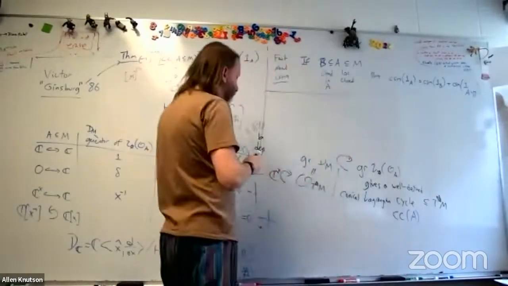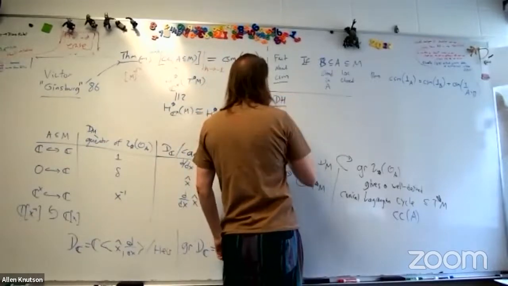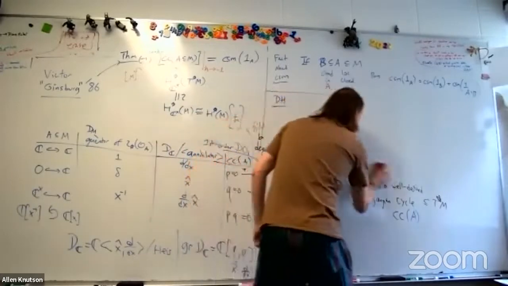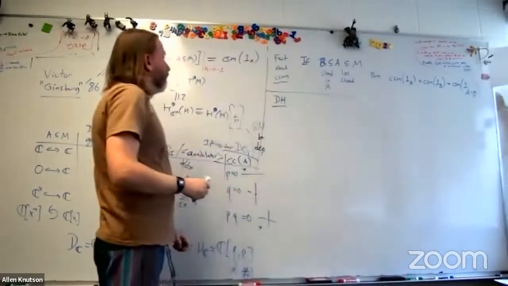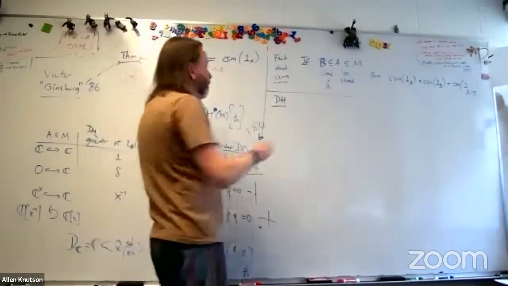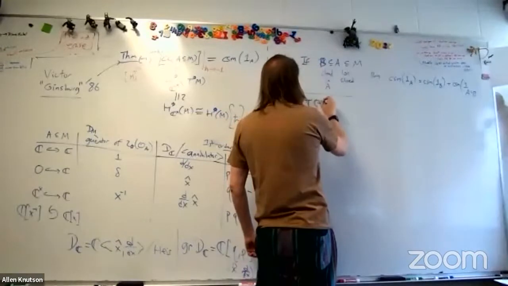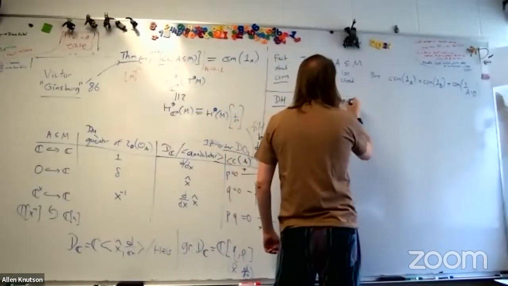back to Duistermaat-Heckman. So in the Duistermaat-Heckman story, what we have was we had this torus acting on M. We had this moment map.